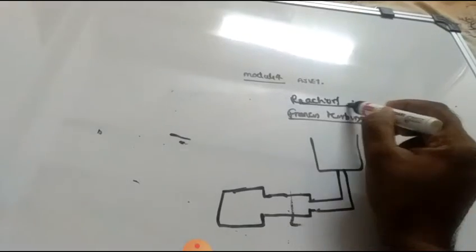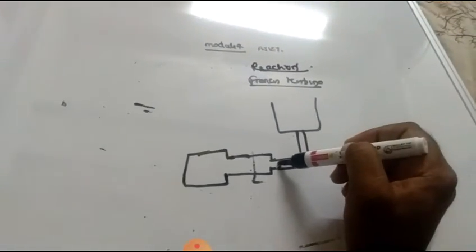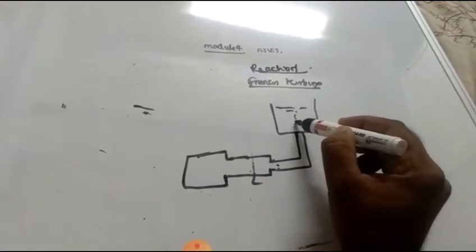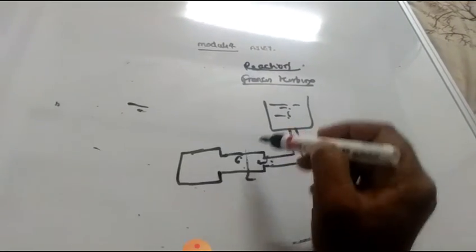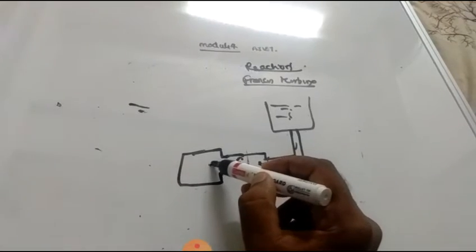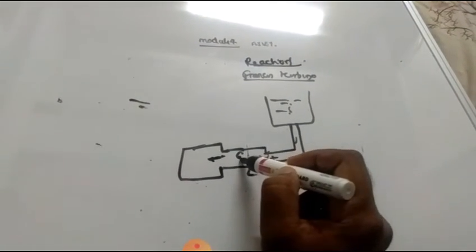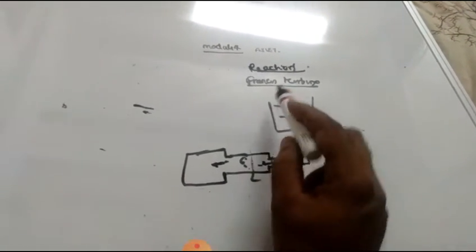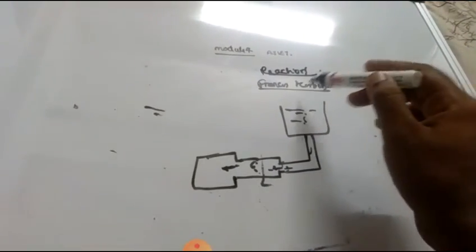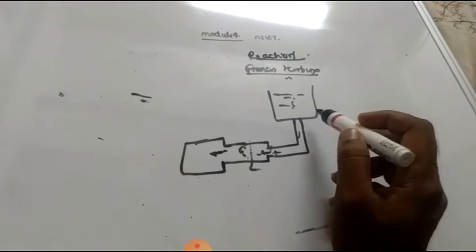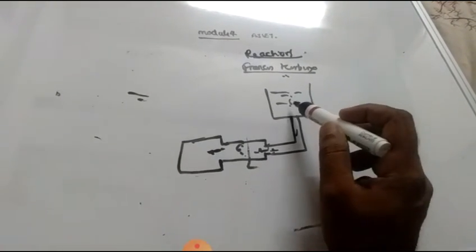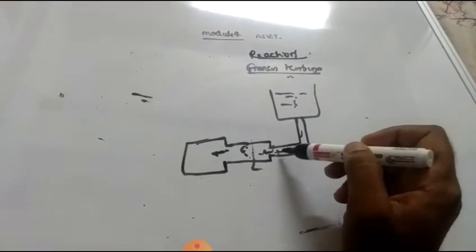This is one of the reaction turbines. Water comes and enters here. From the top of the tank, water is allowed to go to the turbine, and it goes to the turbine.